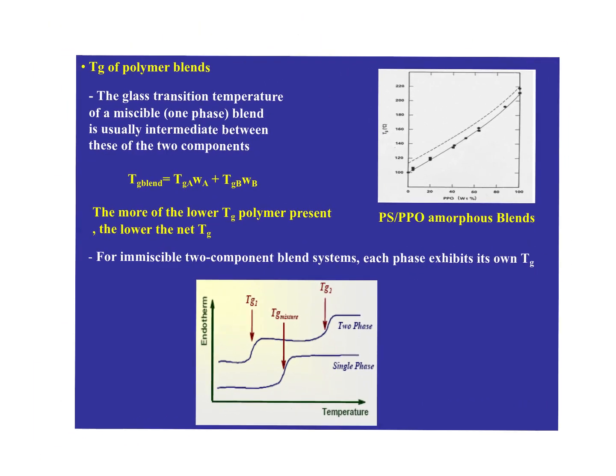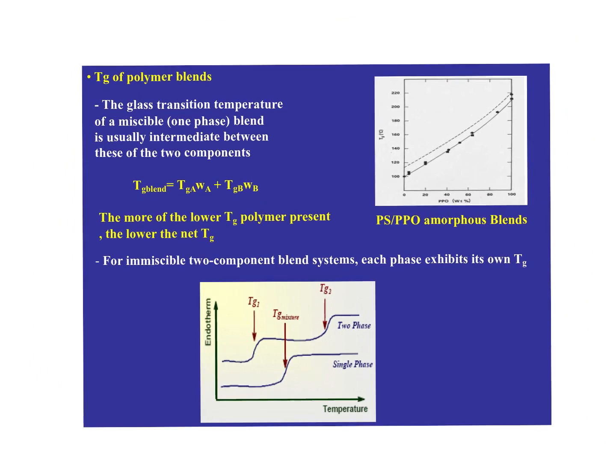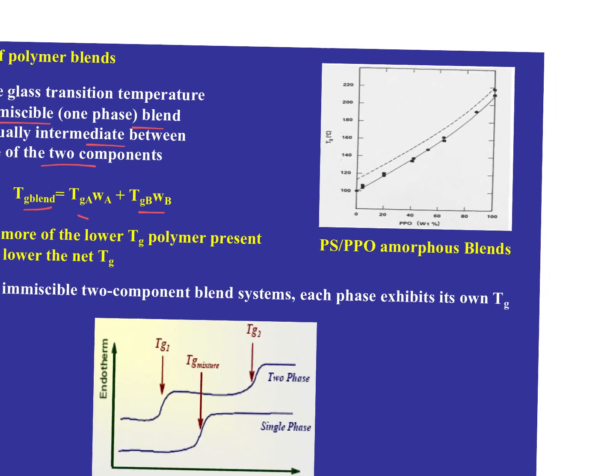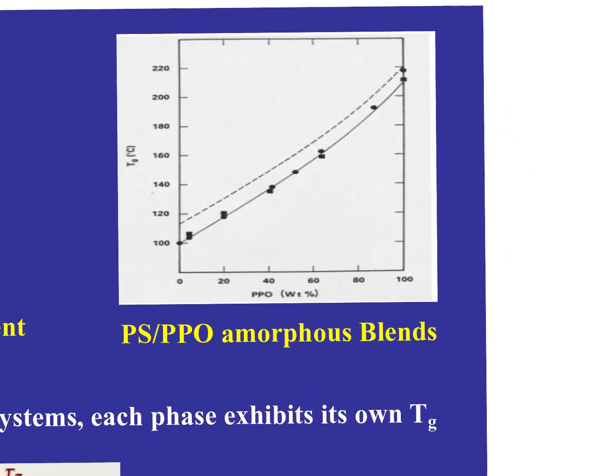TG of polymer blends. The glass transition temperature of a miscible one-phase blend is usually intermediate between those of the two components. So again, we're looking at this rule of mixtures type behavior, and when it's that well mixed, we can plot this.